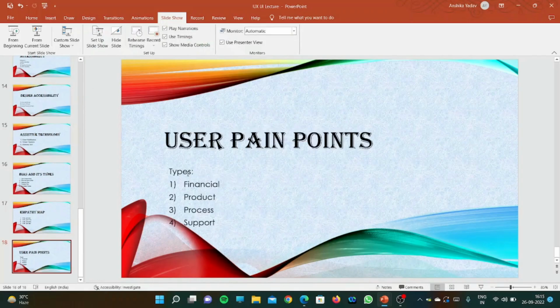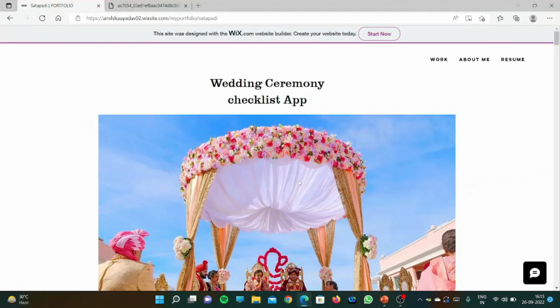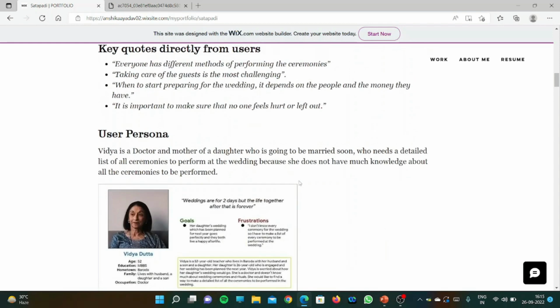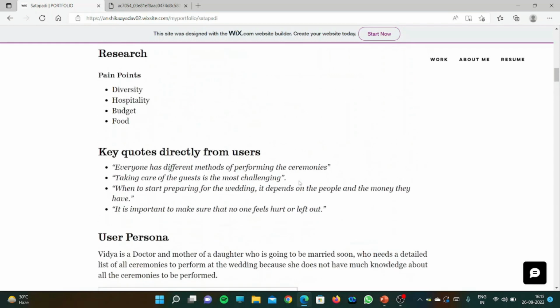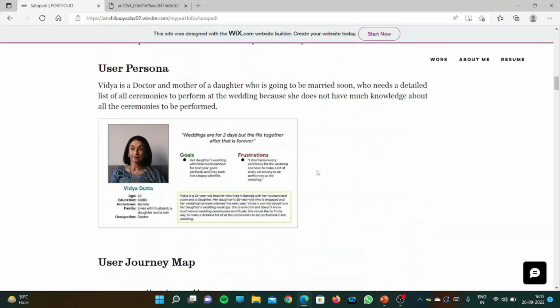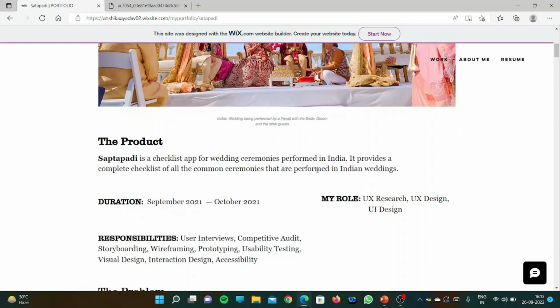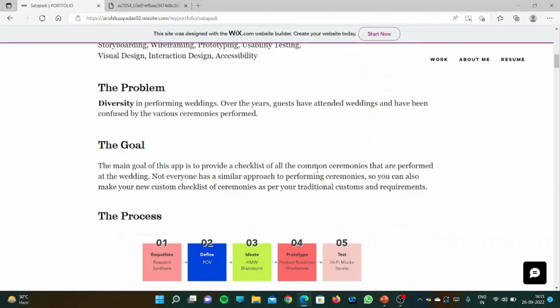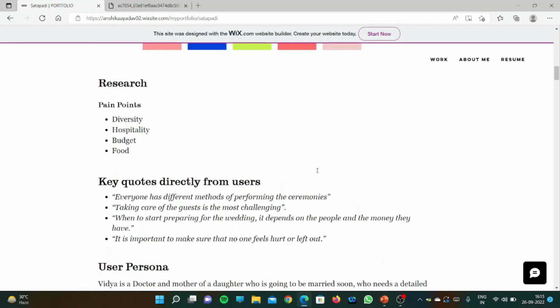Let me show you an example. This is an example of a UX design project. The story of this project is that we've created a checklist app for wedding ceremonies, and it provides the checklist of all the common ceremonies performed in India.